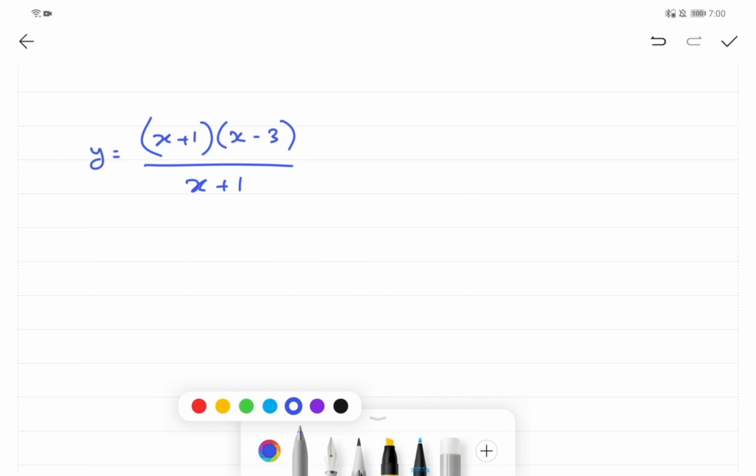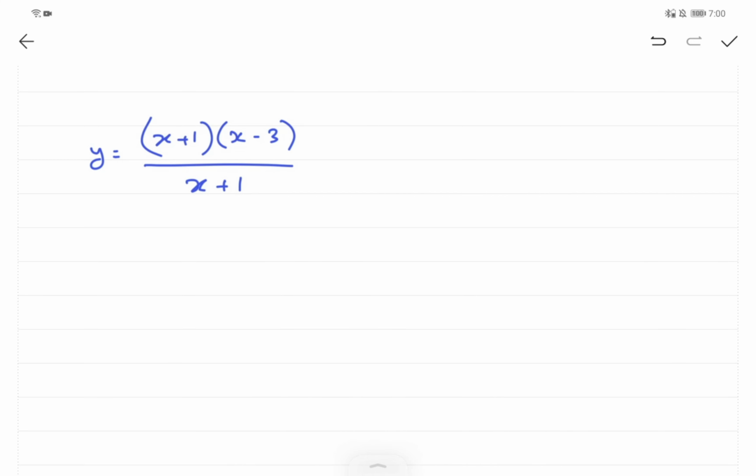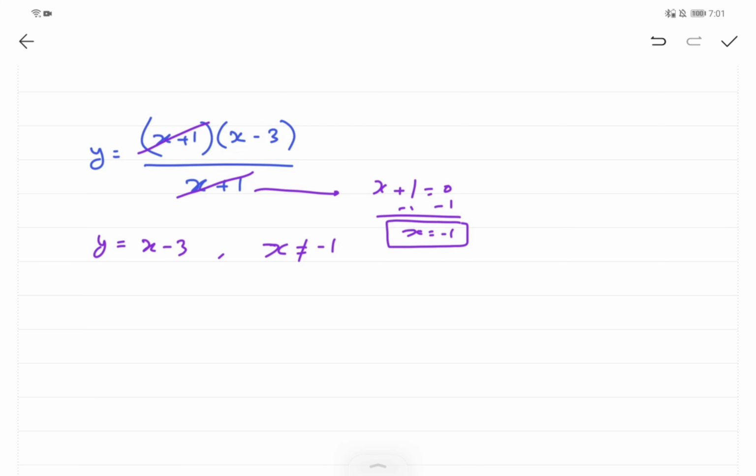Now, if you notice, the denominator in this situation will be removed because we have x plus 1 in the numerator. So the function will be x minus 3, where x can't be negative 1, because the denominator is x plus 1. We make it equal 0, so the point of discontinuity is x equals negative 1, but it is removed because we have x plus 1 in the numerator.